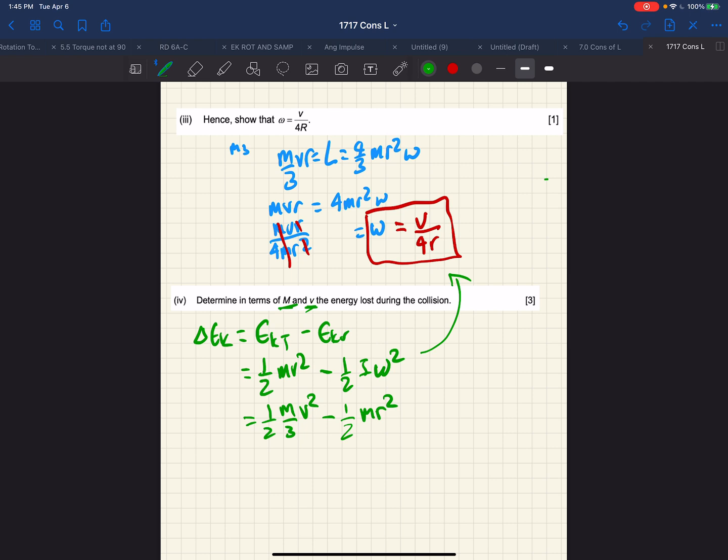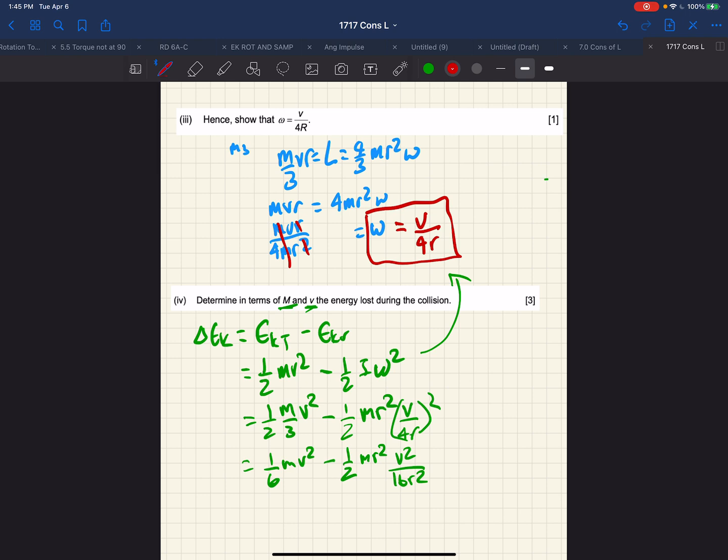So we've got mr squared, omega squared, so that's v/4r quantity squared. So that gives us 1/6 mv squared minus 1/2 mr squared v squared over 16r squared.